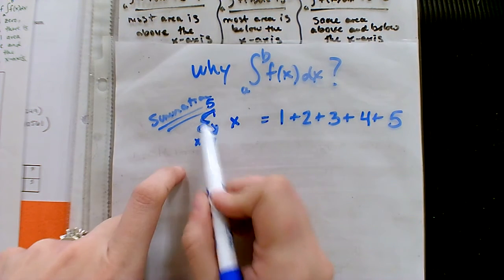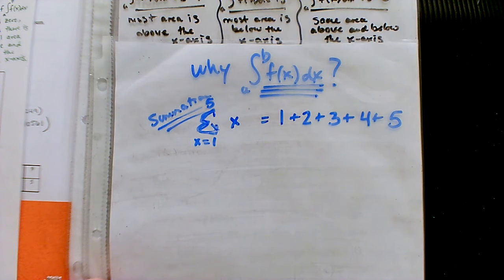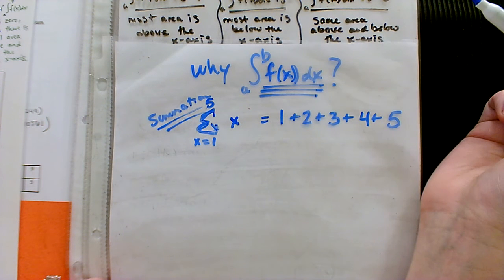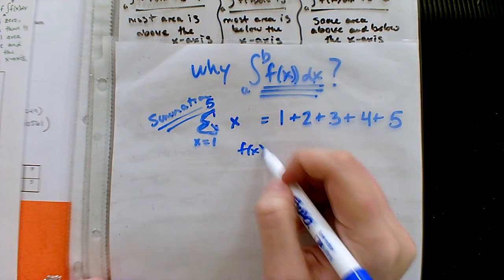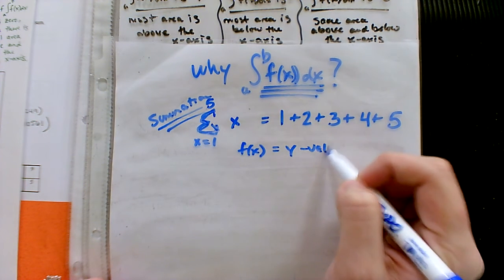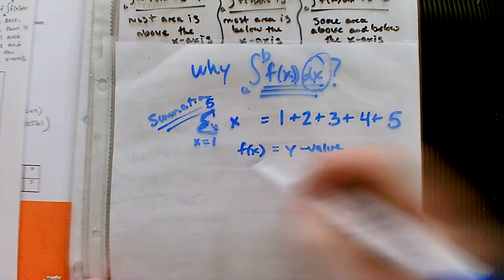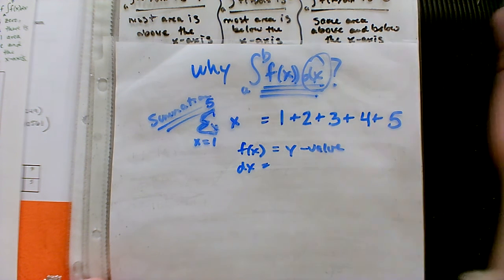So before we get to this, though, I want us to think about what f of x dx is representing. What does f of x also represent in terms of a function or a graph? Y value. Okay, so f of x equals y value. What do you think the dx represents? Have we seen that before? Yeah? Like a small change in the x value?